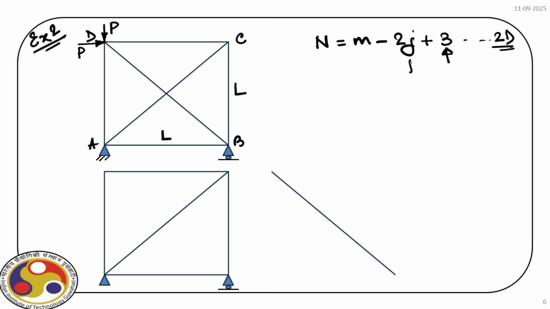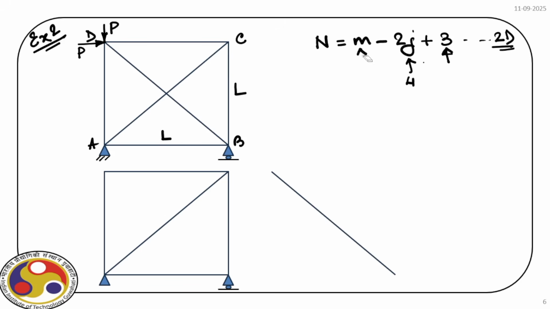Now this J is number of joints, right? And M is number of members. So in our case, we have altogether 6 members and 4 joints, right?